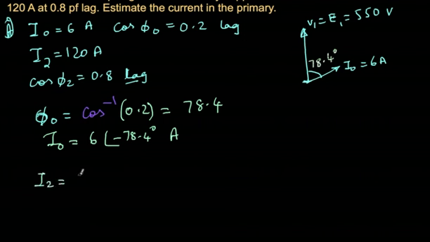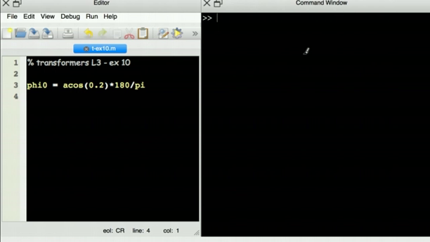If I draw a line like this, this is E2, this is 110, and I2 is 120 amperes, which is lagging at 0.8 power factor.